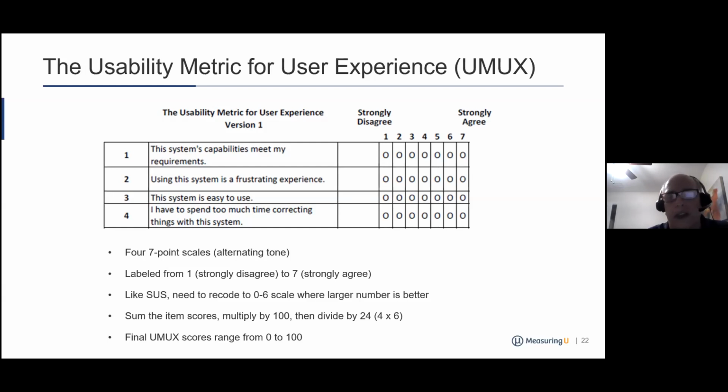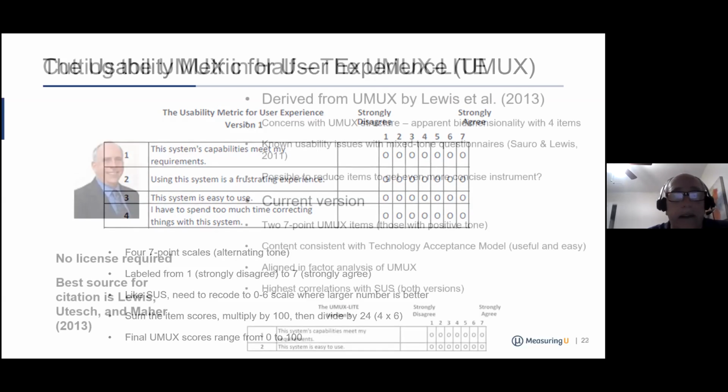So if you could get the same kind of measure with 4 items instead of 10, they were really interested in that. So we tried to replicate the work that Finstad had done, and we came up with very similar results. So that was pretty exciting.